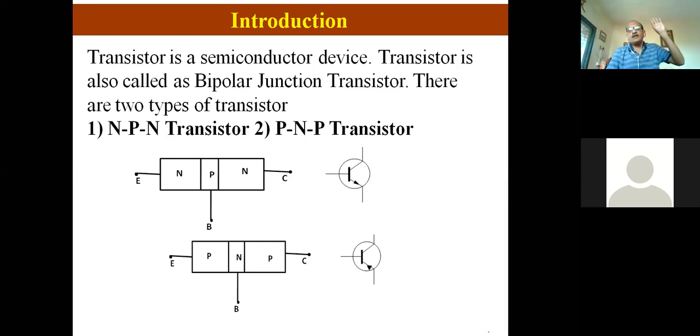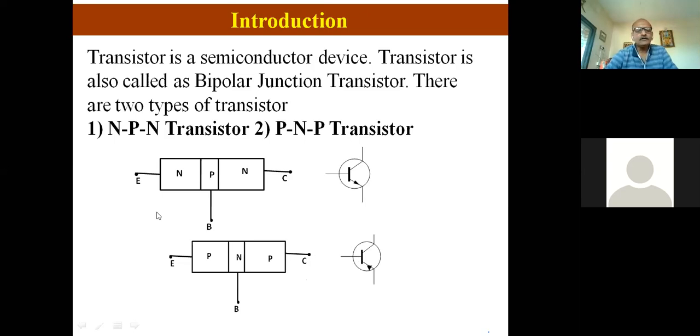Positive potential is a high potential, negative potential is a low potential. That means current flows from positive to negative. Water flows from high level to low level. In the same way, current flows from high potential to low potential.